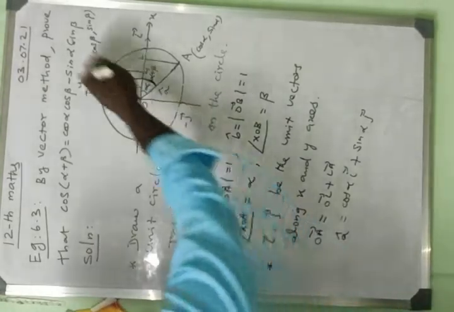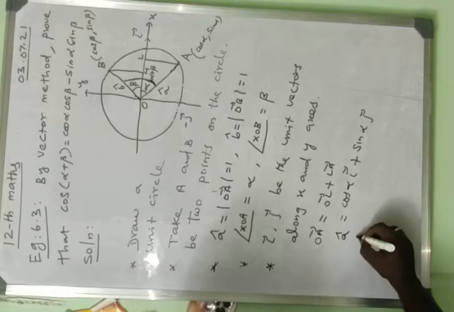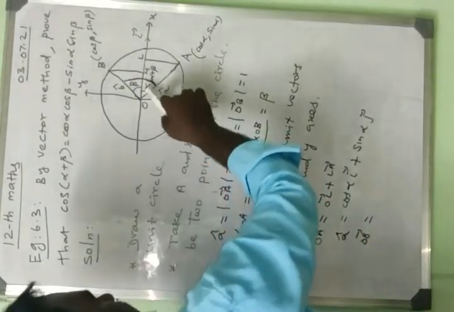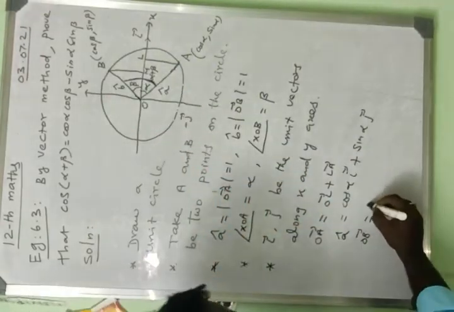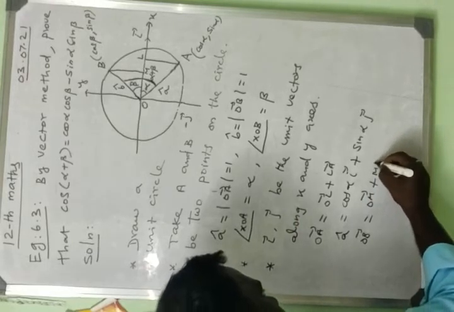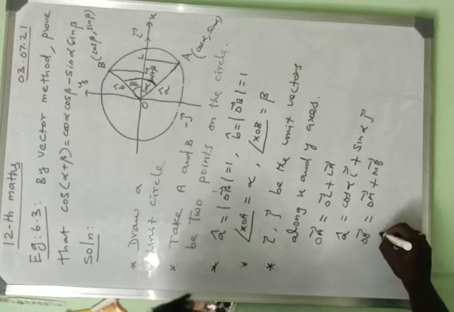Next we take OB. Vector OB is the sum of the other sides, OM plus MB. So what is vector OB, cap B?